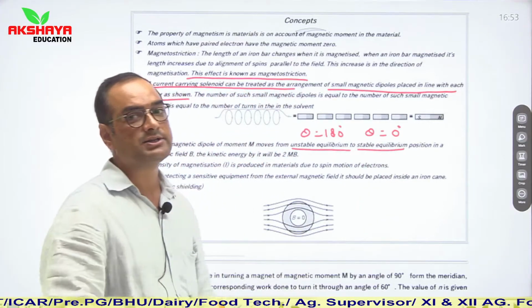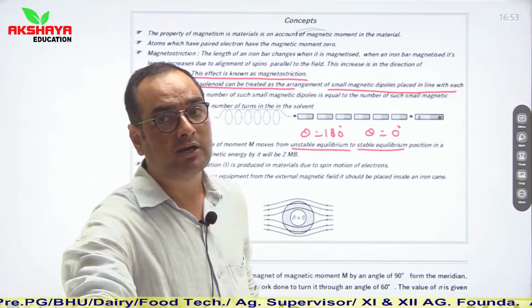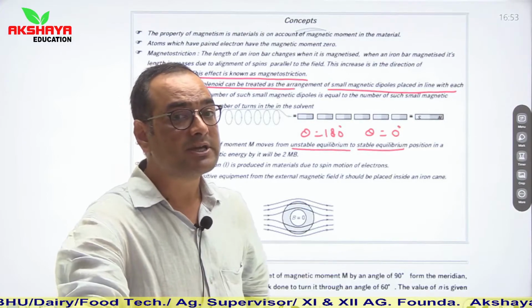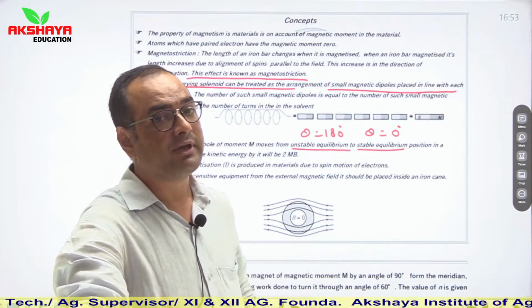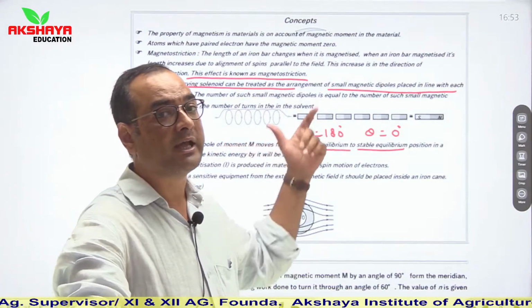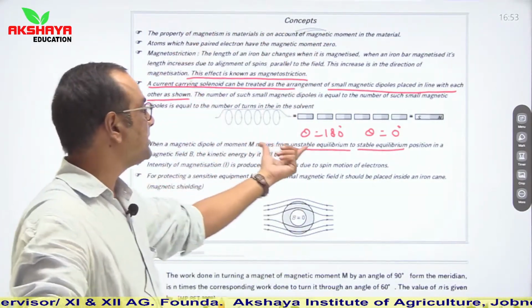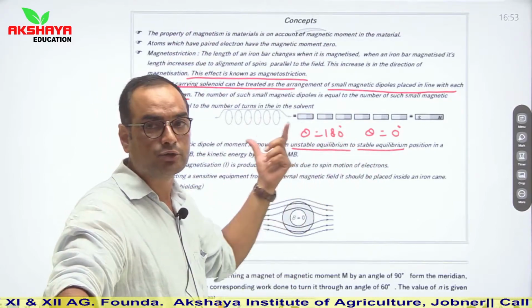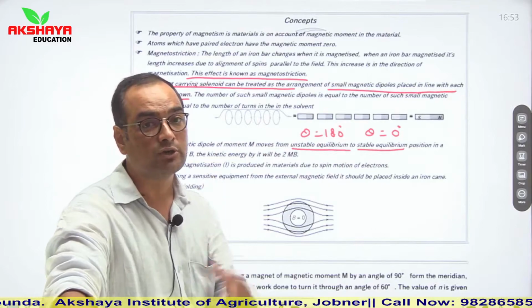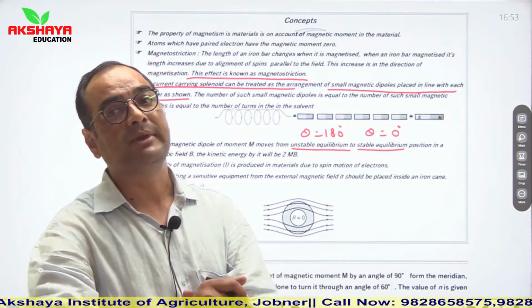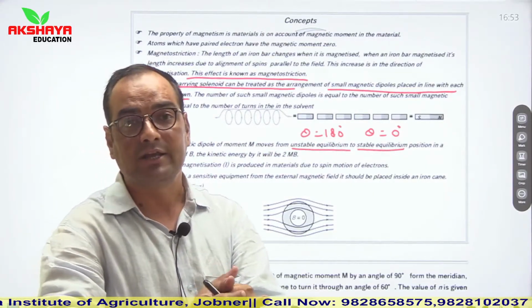It is a standard relation which can be used in any numerical, either based on electromagnetism or on electrostatics. In electrostatics also you can be asked positions of unstable and stable equilibrium. Stable equilibrium is at theta equal to 0 degrees, while unstable equilibrium is at theta equal to 180 degrees.